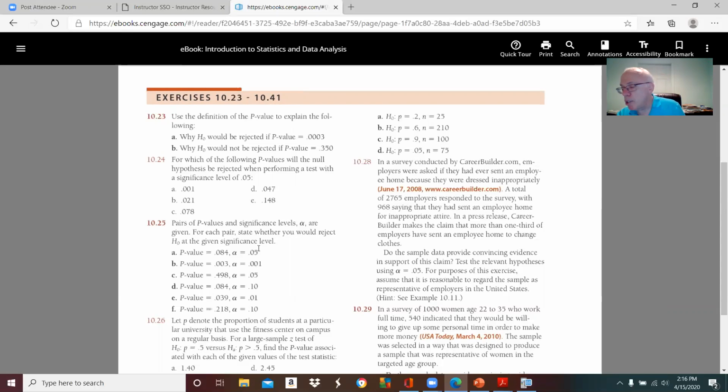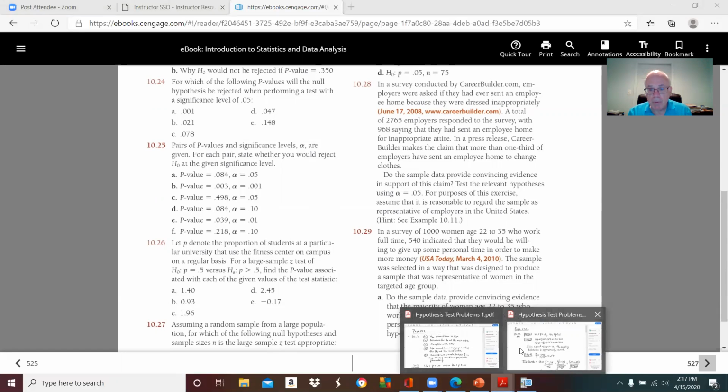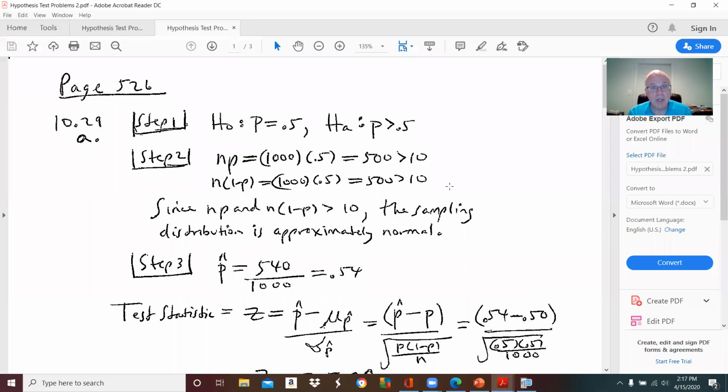The first one's going to be number 29. This one right here. We'll just answer part A. And again, I do have the solutions here, which I will post for you today, along with the video.